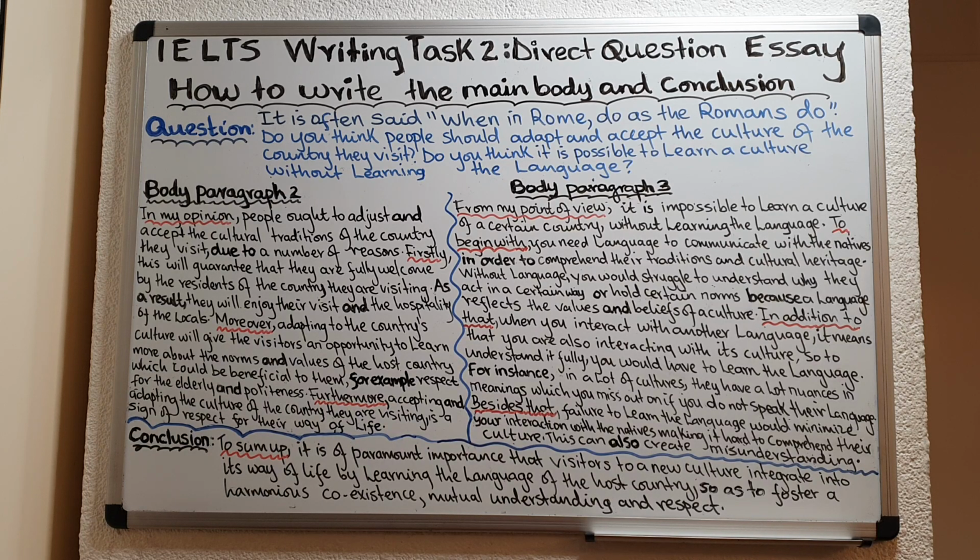And I'm answering that question directly in the first sentence of body paragraph 2. In my opinion, people ought to adjust. To adjust means to adapt and accept the cultural traditions of the country they visit, due to a number of reasons. So in the last part of that sentence, I make it very clear to the examiner that I'm going to give you some reasons to prove why I think people should adapt and accept the culture of the country they visit.